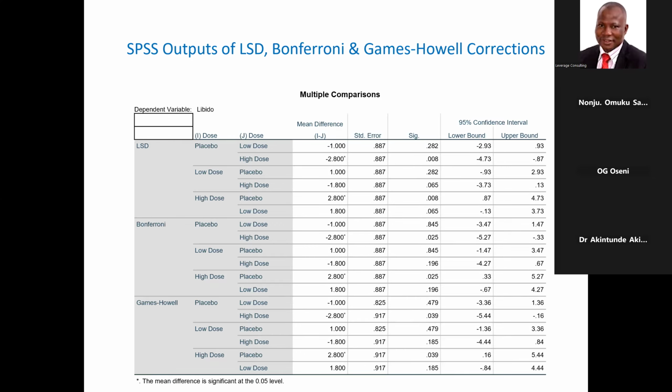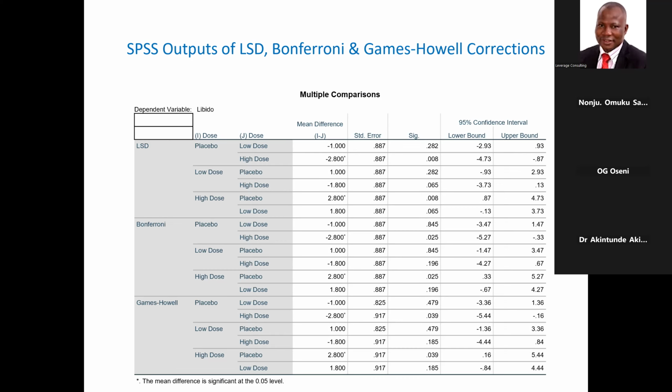You see, the probability of making a type 1 error is smaller, so it's more significant because it's far, far less than 0.05 than this 0.025. Now for Bonferroni, the relationship between low dose and high dose, we say is 0.1946, but here for LSD it is 0.065, almost significant.